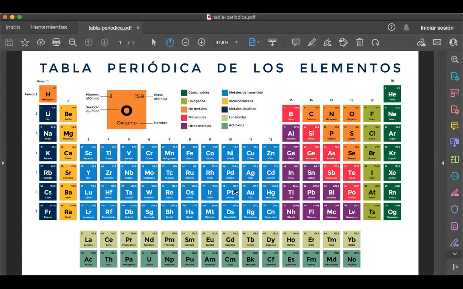Today's lesson will be on interpreting the information that the periodic table can give us. Each element on the periodic table has two numbers.